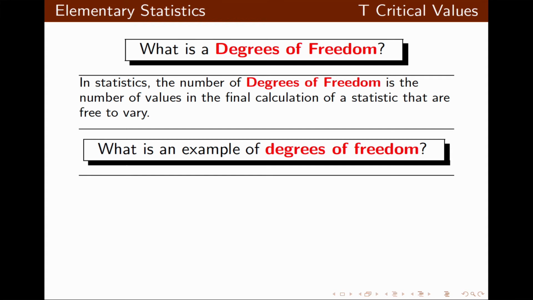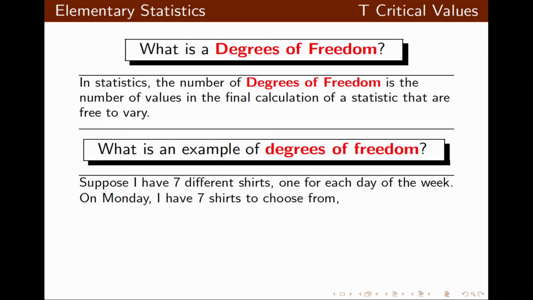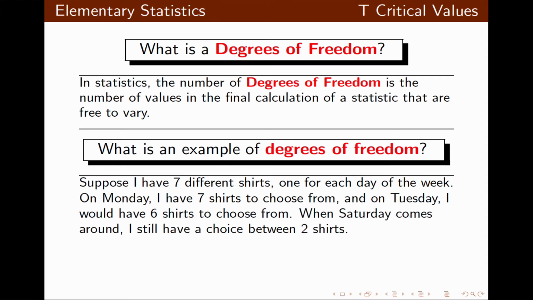Here is an example of degrees of freedom. Suppose I have 7 different shirts, one for each day. Starting Monday, I have 7 shirts to choose from. But on Tuesday, I would have only 6 shirts to choose from. When Saturday comes, I have 2 choices of shirts.